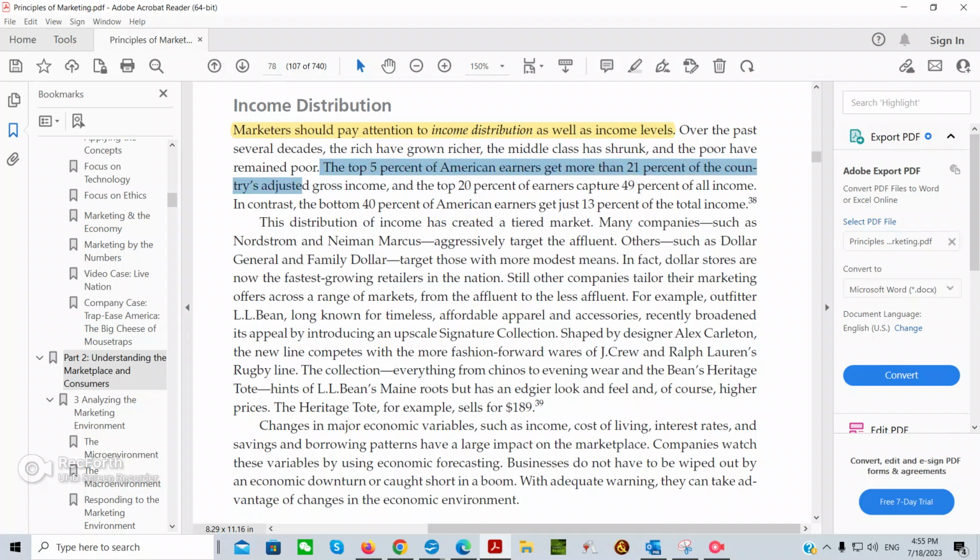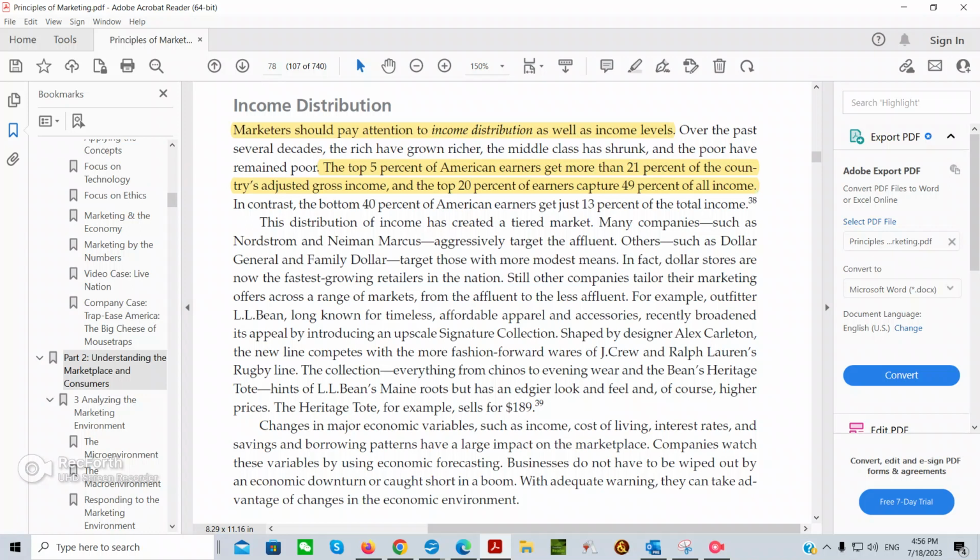The top 5% of American earners get more than 21% of the country's adjusted gross income, and 20% of the earners capture 49% of the income. That's a staggering statistic. Pretty amazing when you think about it. Now, in contrast, the bottom 40% of American earners just get 13% of the total income.